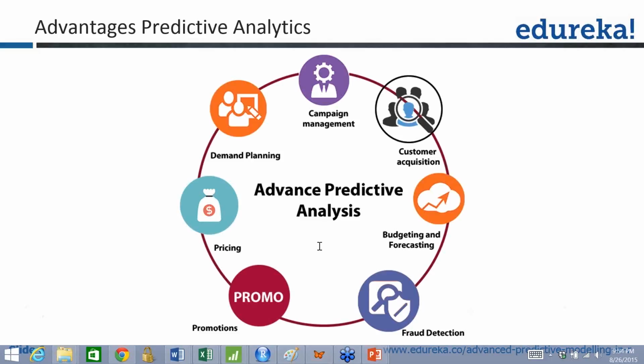Parameshwari says, isn't it similar to multivariate analysis? In multivariate analysis, you have multiple inputs and multiple outputs, right, Parameshwari? But in optimization, given the constraints, for example, my budget is only $1 million.